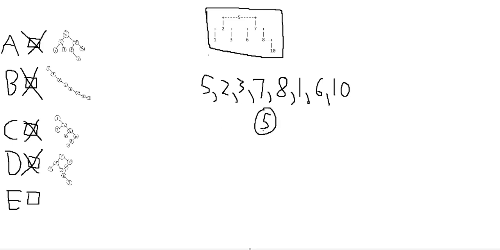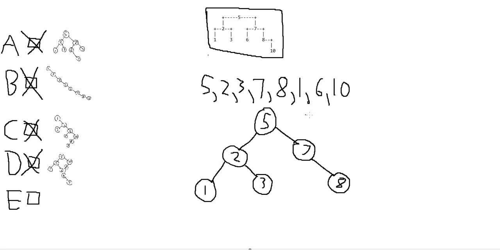We insert 5 as our first value. 2 is less than 5. 3 is less than 5 and greater than 2. 7 is greater than 5. 8 is greater than 5 and greater than 7. 1 is less than 5 and less than 2. 6 is greater than 5 and less than 7.